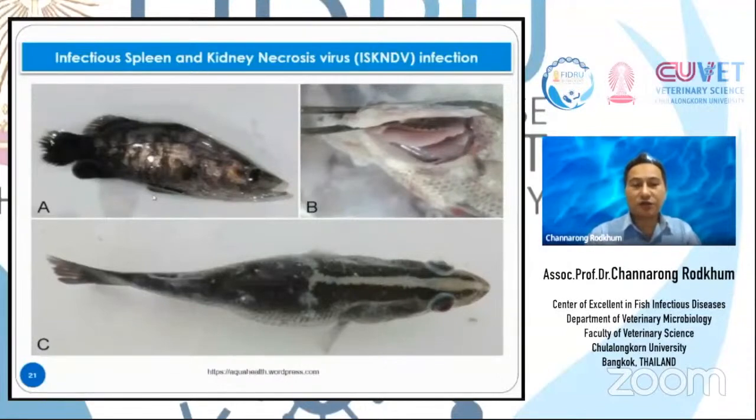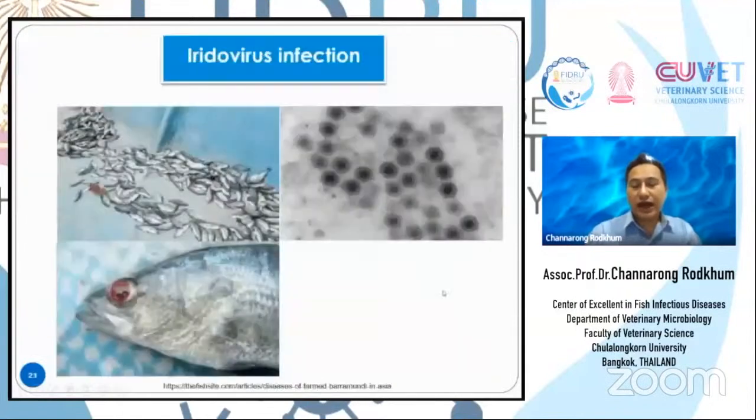The color of the fish will be black with pale gills. The fish will be emaciated, or sometimes you can see hemorrhage in the eyeball of the fish. Same as other iridovirus infection, you can find high mortality when the fish are infected with iridovirus, and the eye of the fish will get hemorrhage at the retina.